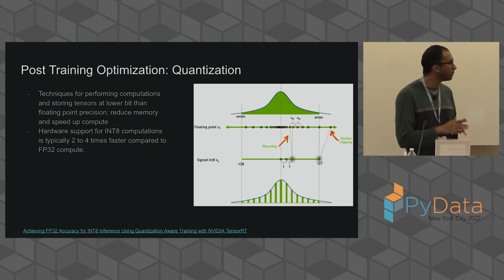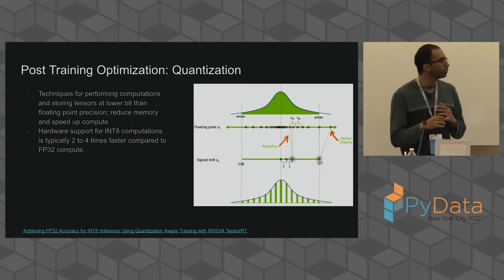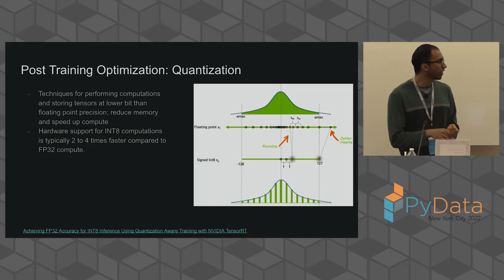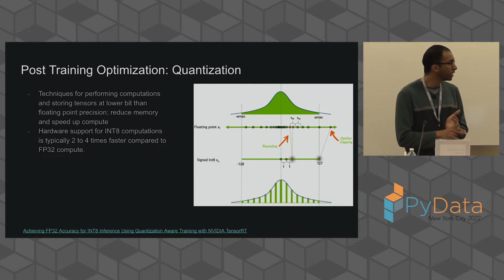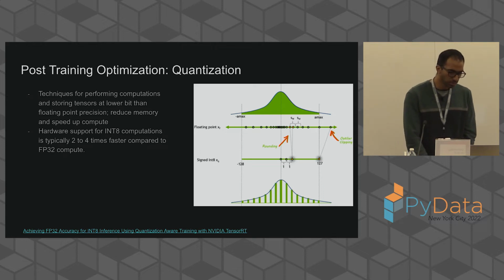So if you can find that mapping, it might work for your model. The whole idea here is that because int-based computation is faster, if you can have some layers of your model using this, not only do you reduce the memory consumption needed, you can also increase the computation speed.